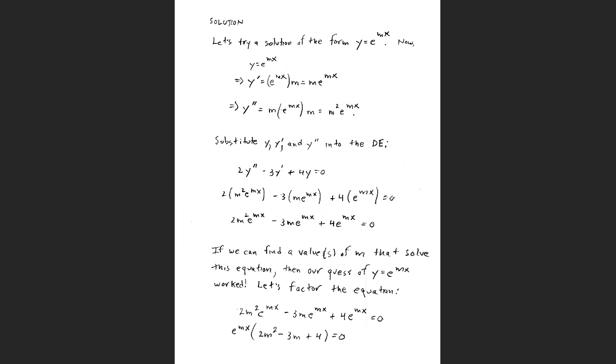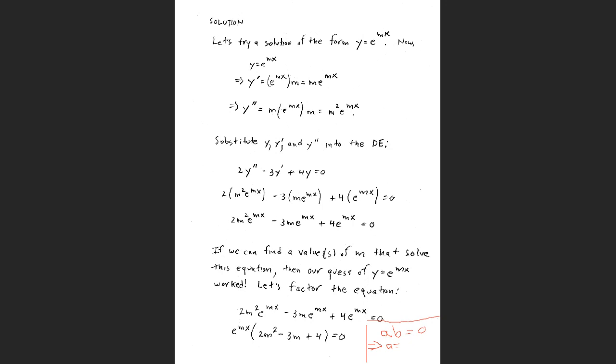Let's say you had A times B equals 0. What does this imply? Either A equals 0 or B equals 0.